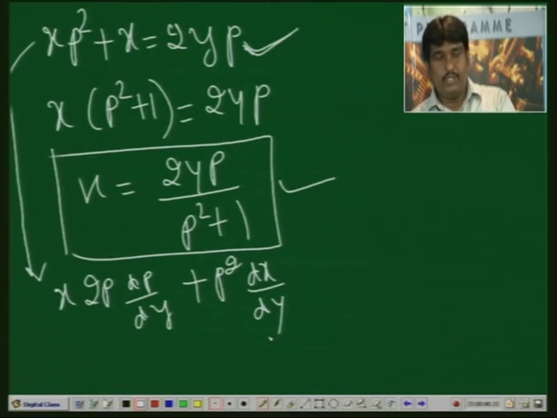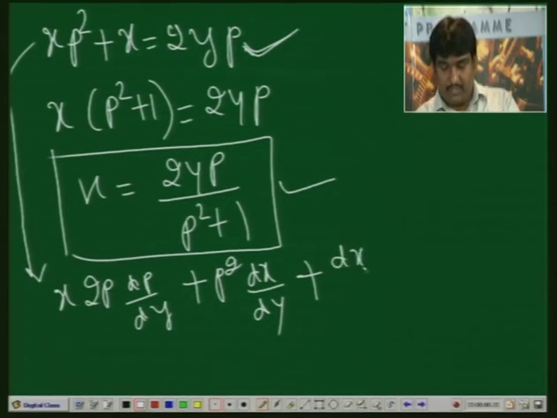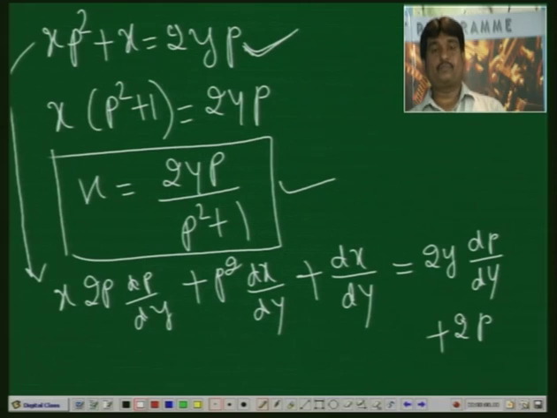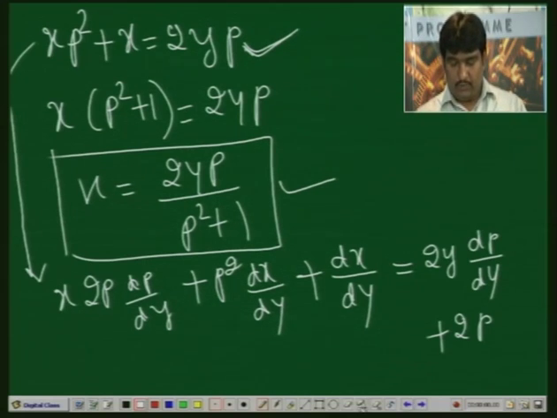This x into 2p dp by dy plus p square into dx by dy is the derivative of xp square, plus we have x, whose derivative with respect to y is dx by dy, and that equals, now product rule, 2y into the derivative of p with respect to y, dp by dy, plus 2p as it is, since the derivative of y is 1. Now, you simplify this equation.